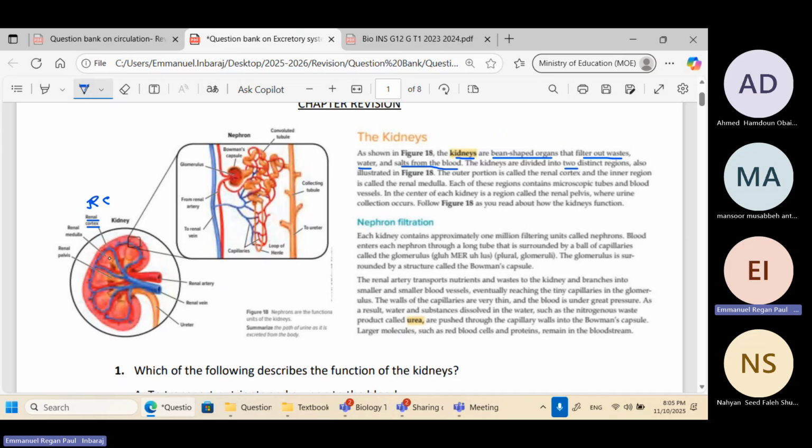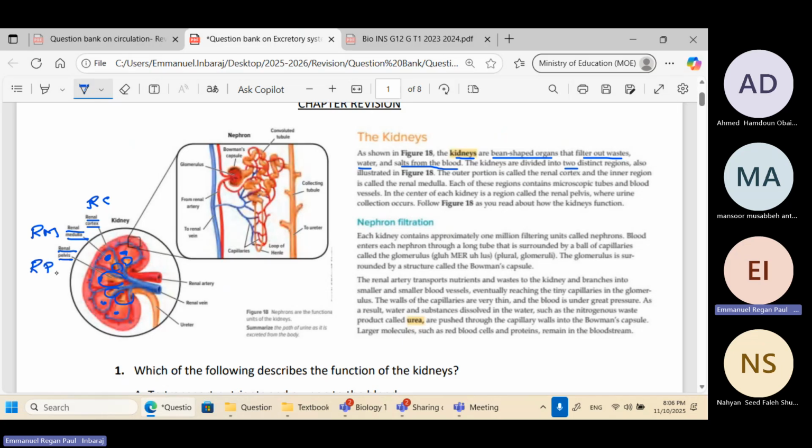And then the middle layer of the kidney, you can see here. This region of the kidney is called the renal medulla, RM. And the inner layer of the kidney, this part, is called the renal pelvis, RP.